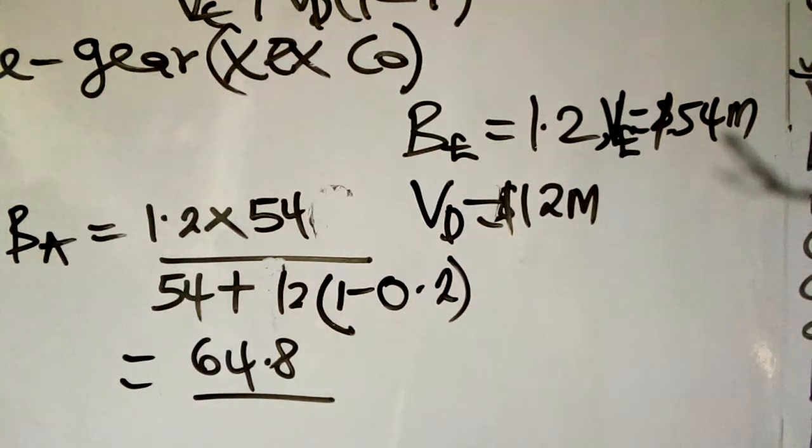So 0.8 times 12, then we have 9.6. 9.6 plus 54 plus 54, then we have 63.6.